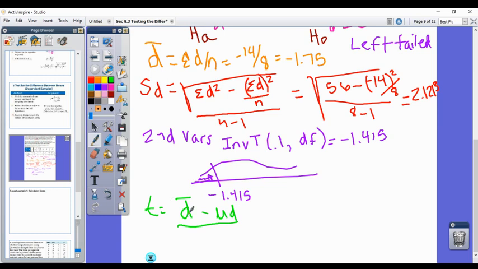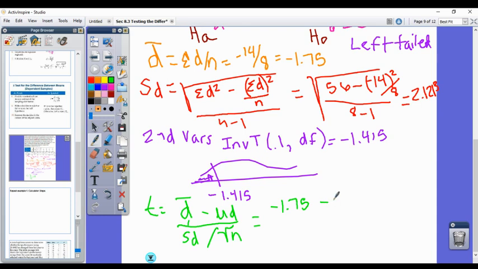All right, divided by my standard deviation divided by square root n. So d bar, we got negative 1.75. The difference in the mean, we're trying to see if it's less than or greater than 0.